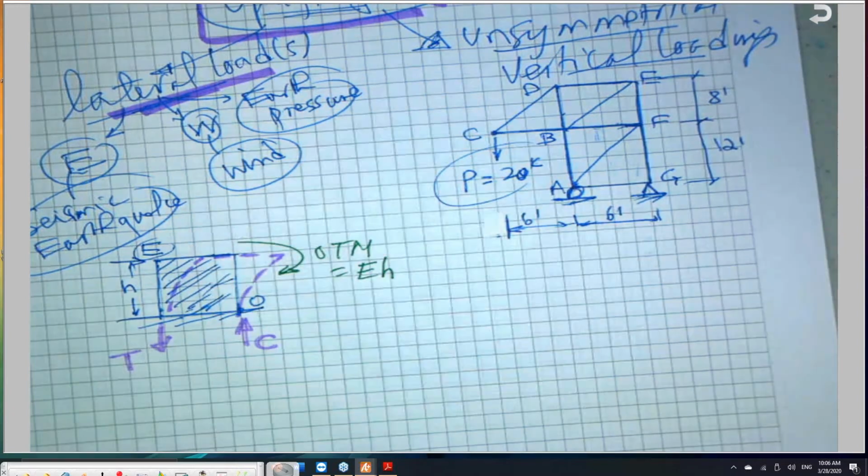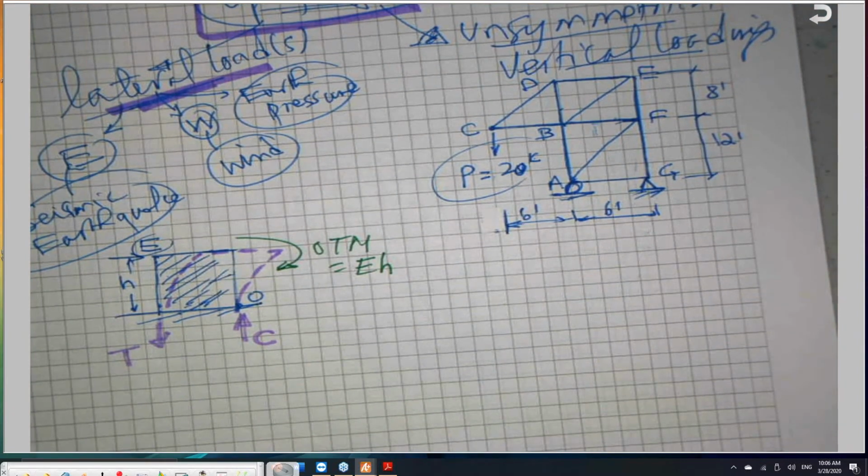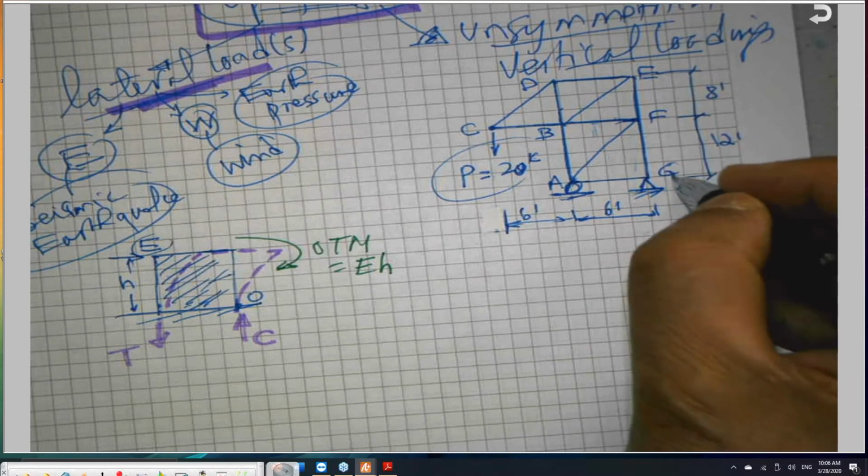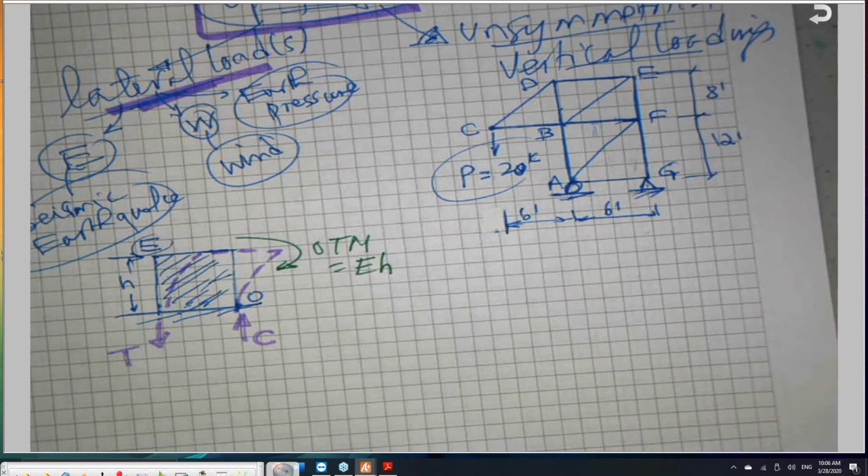We use a straight edge. This will create an uplift force at the support G. How much is this uplift force? You can apply the same thing that we just talked about.